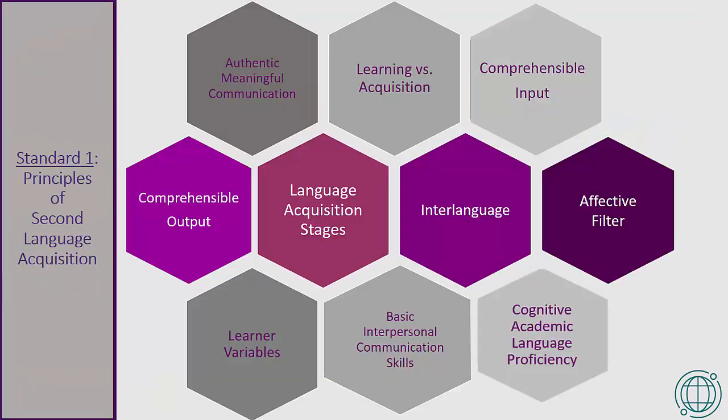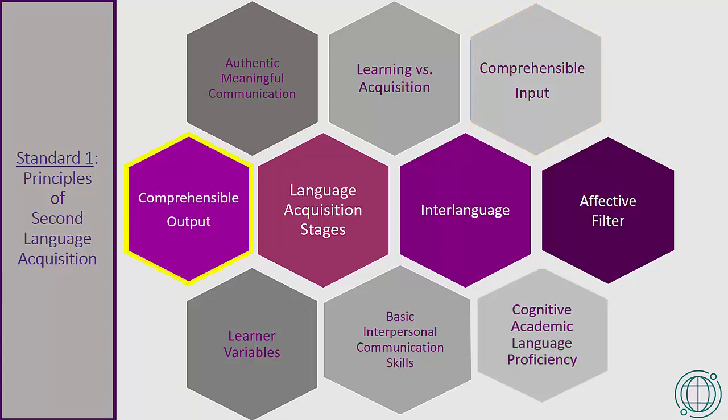Here are the SLA principles included in Standard 1. The importance of authentic, meaningful communication for language acquisition. The difference between learning about a language and acquiring it. The role of comprehensible input, that is, speaking and providing text appropriate to the proficiency level of the learner.